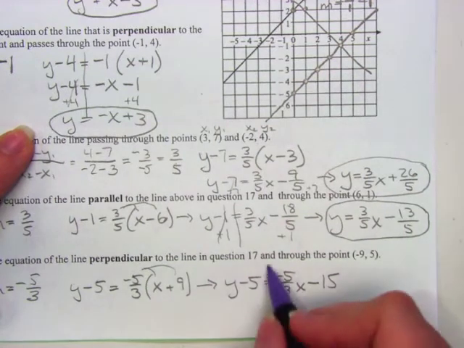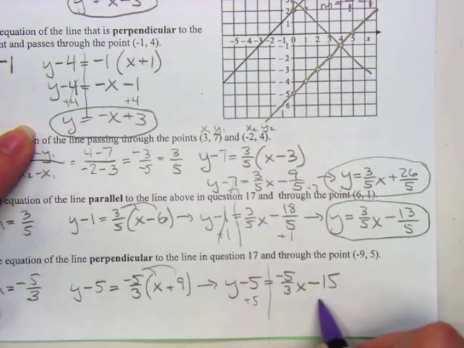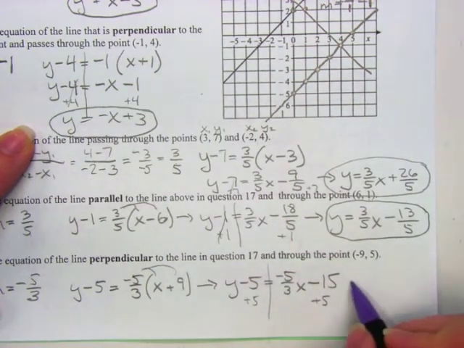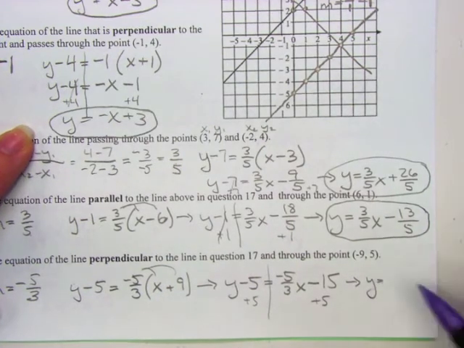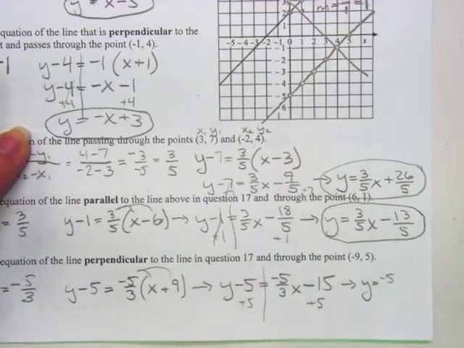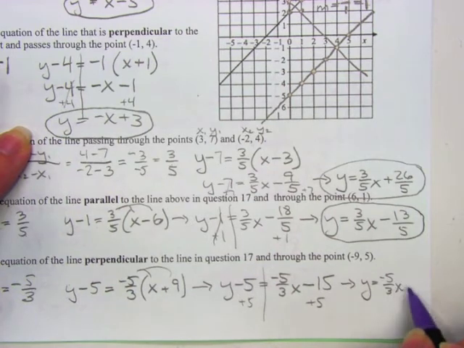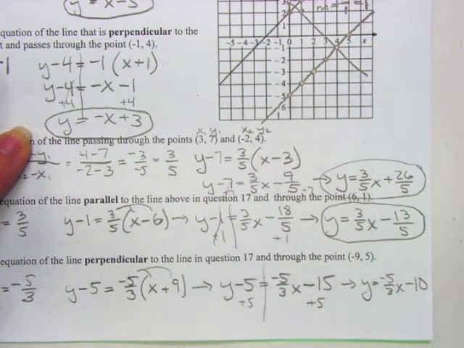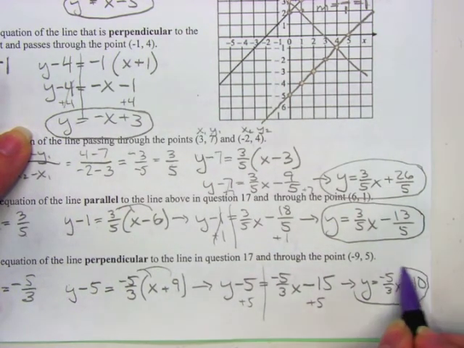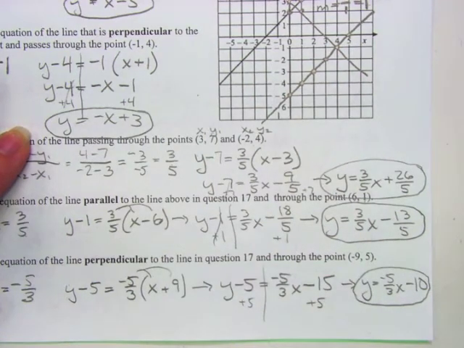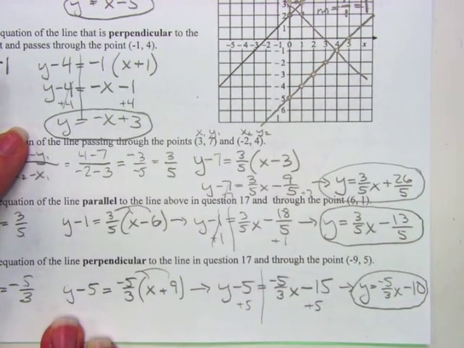And then last, get that y alone. We're going to add 5 to both sides. And we get y equals -5/3 x minus 10. We have our equation of our line perpendicular to line in question 17 that goes to the point -9, 5.